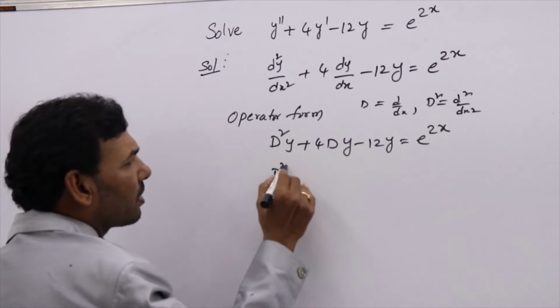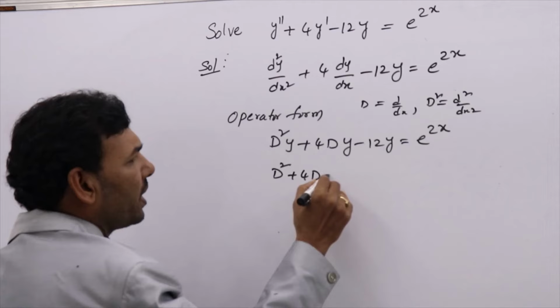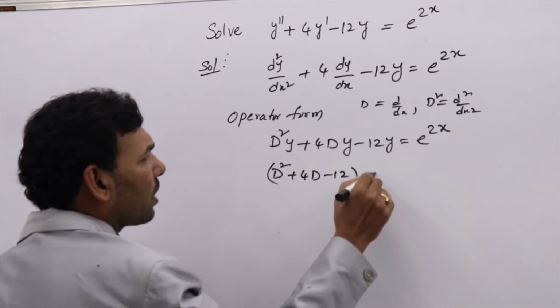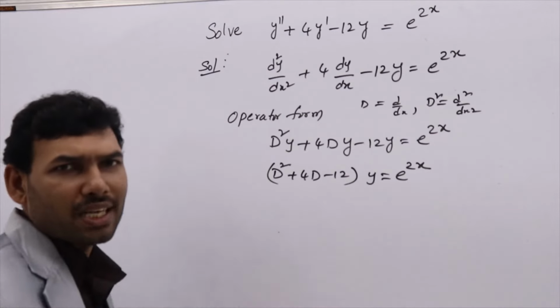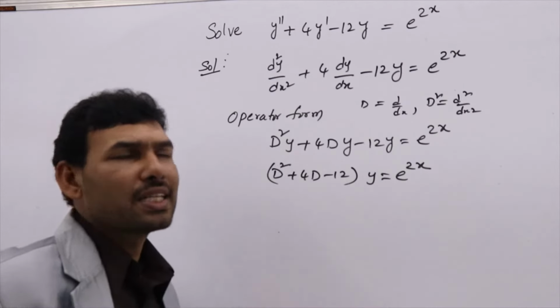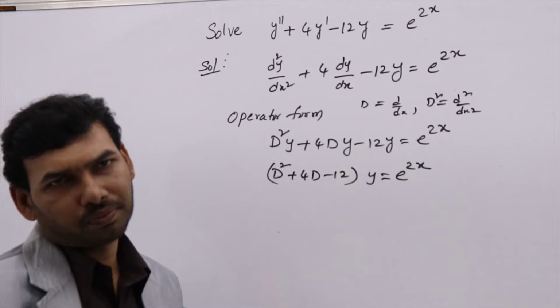Take y common: D square plus 4D minus 12, into y, equals e power 2x. This is the operator form of the DE.